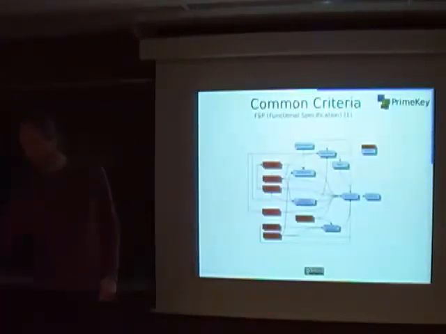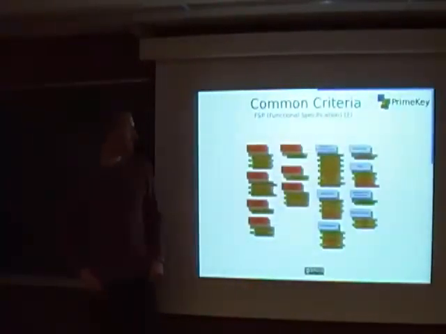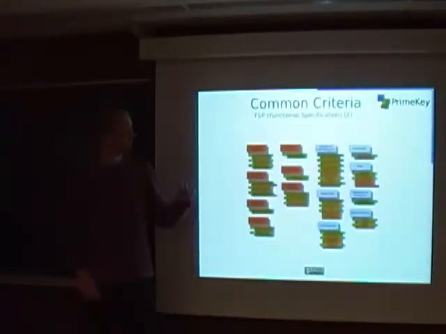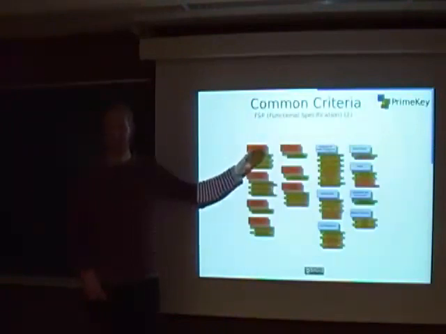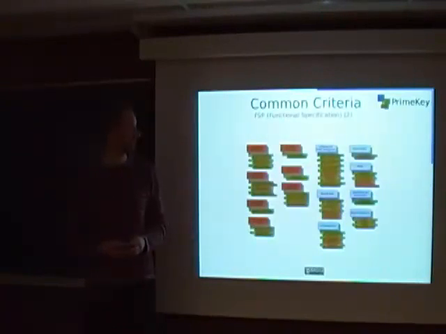The second step is that you have to get into more detail. You have modules, and you have, what are they called? Functions. There are three things, and they are named differently in different documents, so I will get back to that slightly later.